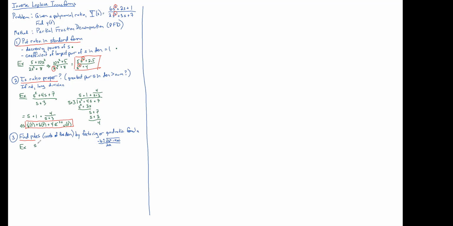Let's say we have s squared plus 4s all over s plus 2 times s squared plus 4s plus 3. Okay. You can hand factor the bottom.